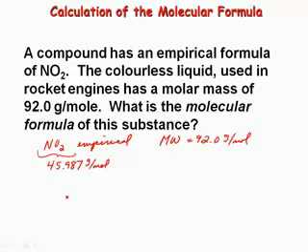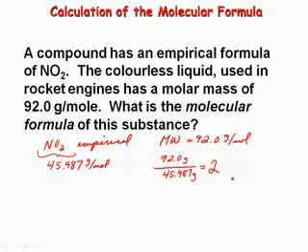And so what I'm going to do is take the molecular weight of the actual molecule, divide it by the molecular weight of the empirical, and round that. It should be approximately a whole number, and this one is about 2. So that tells me that my molecular formula is twice as big as the empirical.